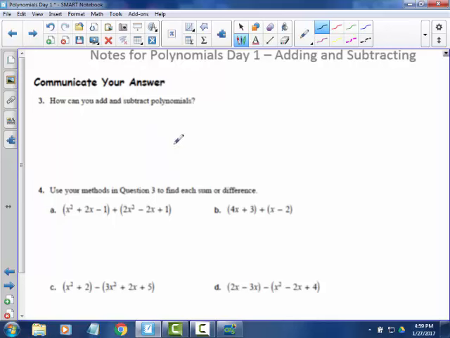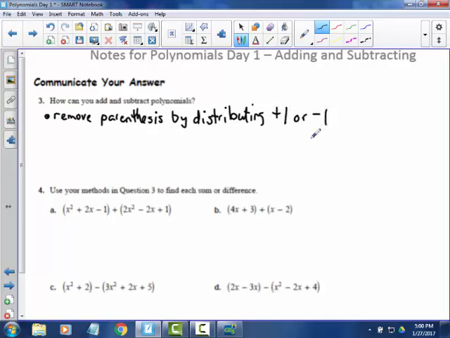Okay, so how can you add and subtract polynomials? So this is where we want to put into words what we're doing. So what I saw us do is the first thing was we remove parentheses, by distributing positive 1 or negative 1.